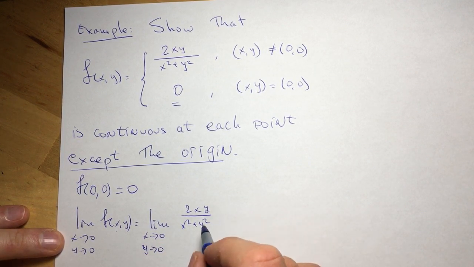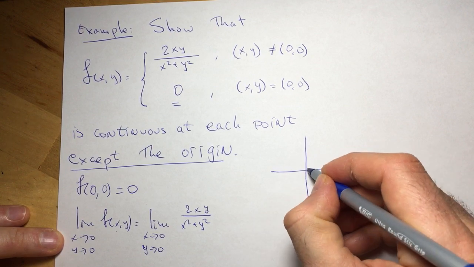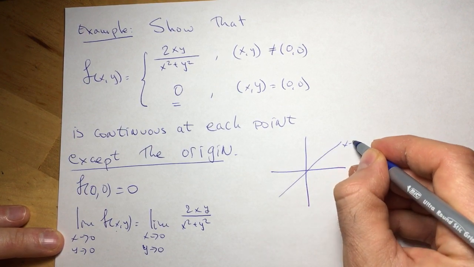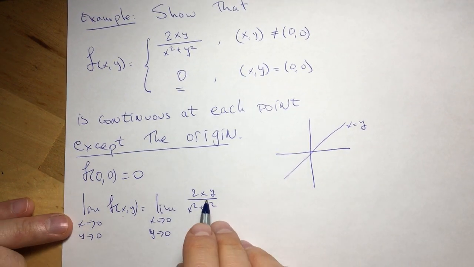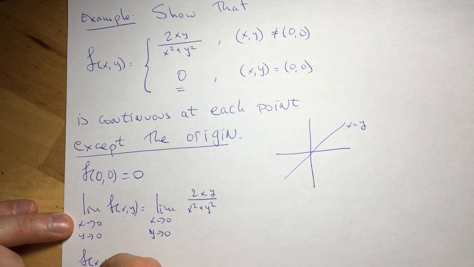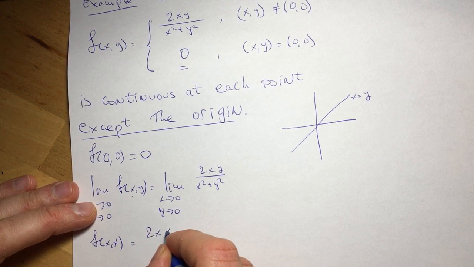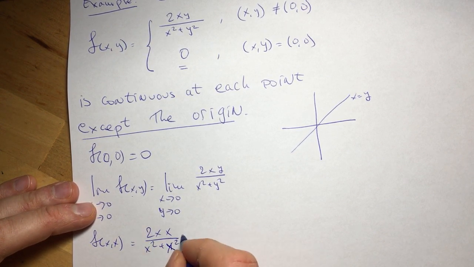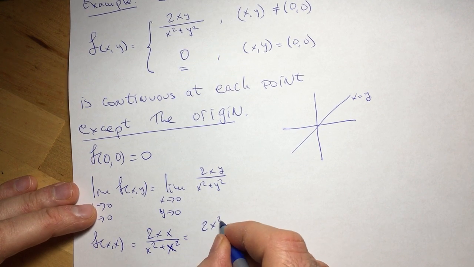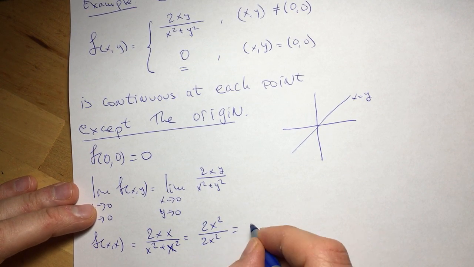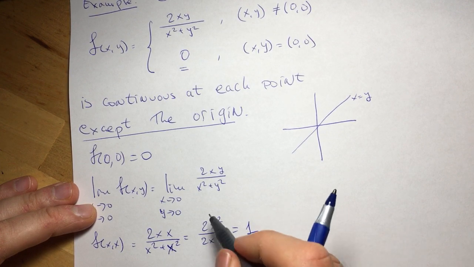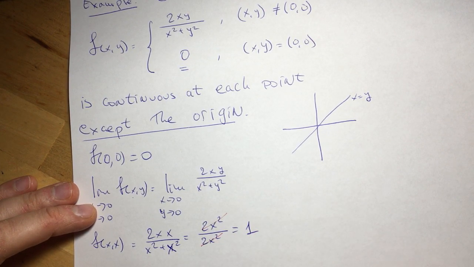So right away, if I approach the origin along the line x equals y, so f of x, x is equal to 2x times x over x squared plus, now y is x, so x squared, so 2x squared over 2x squared, that's equal to 1. Okay.